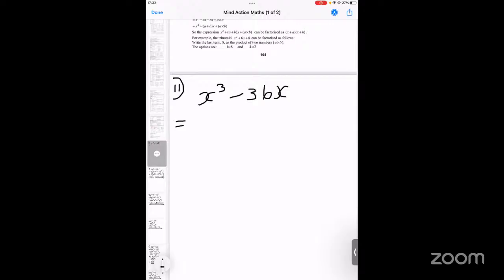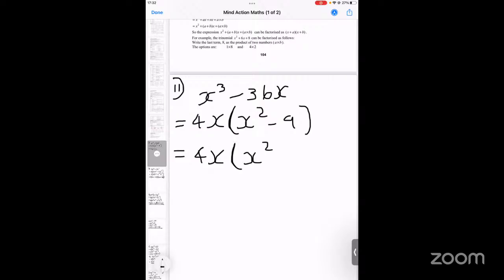So I started off by saying 4x brackets x squared minus 9. And then I said 4x bracket x squared minus 3 squared.